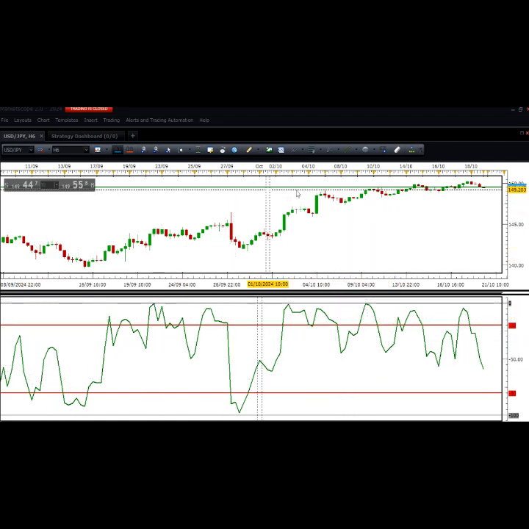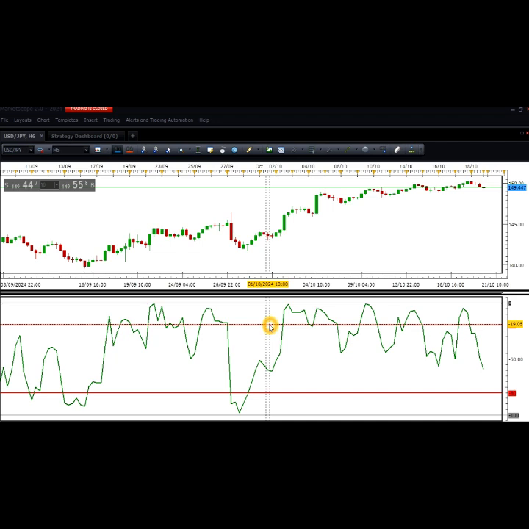Above here, you have a normal 6 hour chart for the last 1 month, candlesticks. This top section. Below this section, you have the Williams R percentage indicator.